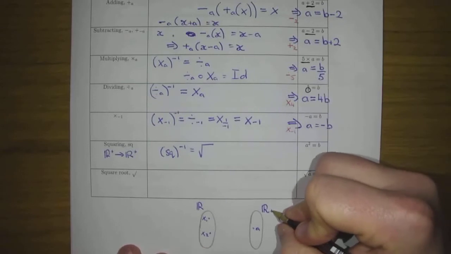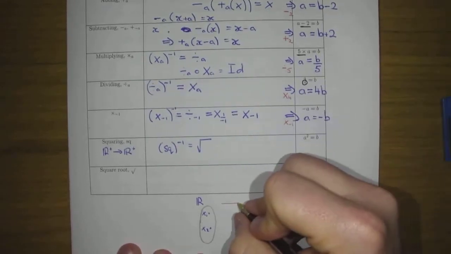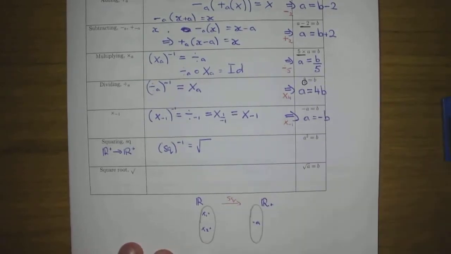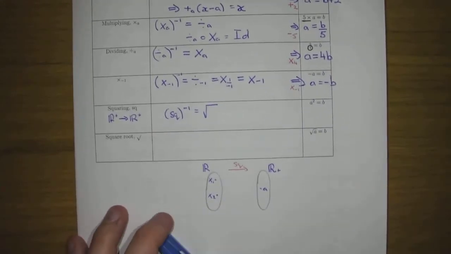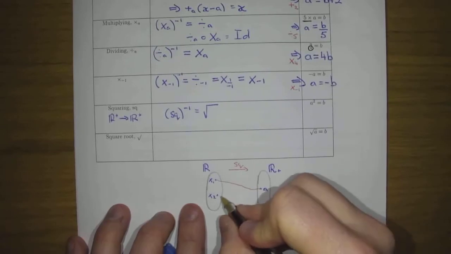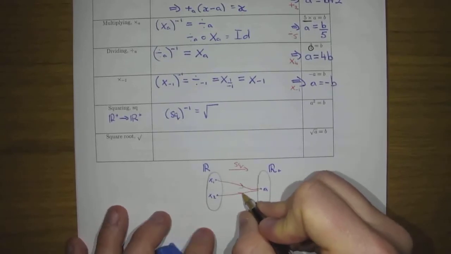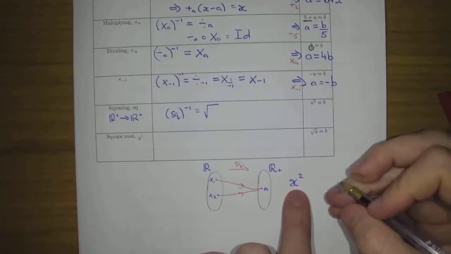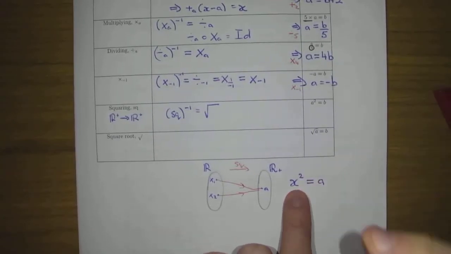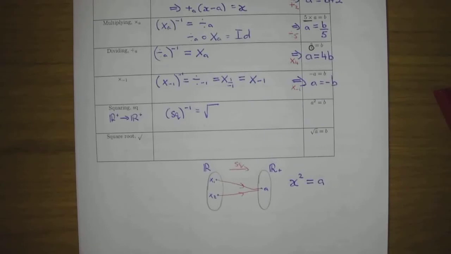Actually, I'm going to make this positive real numbers. And this is the squaring function that isn't from positive but from any real to real. So if you're trying to find what numbers x square to give you a, you can't quite invert it if it's the real numbers here. It's a little bit messy.